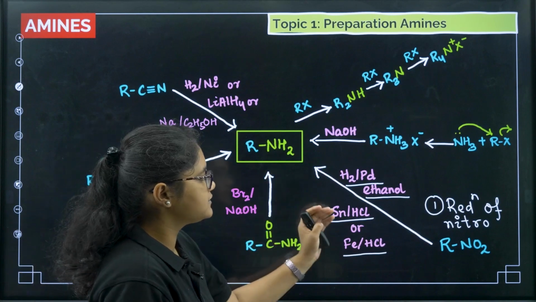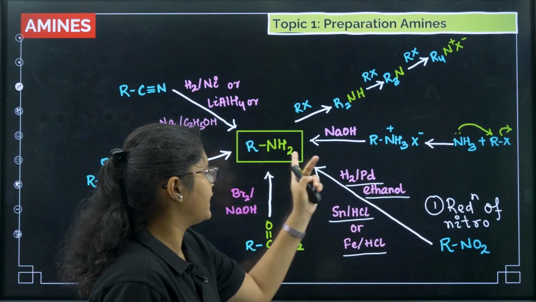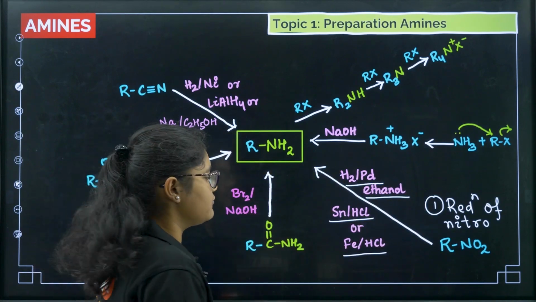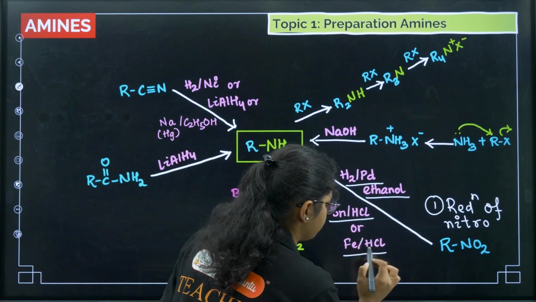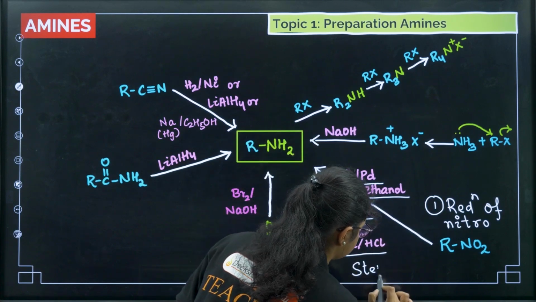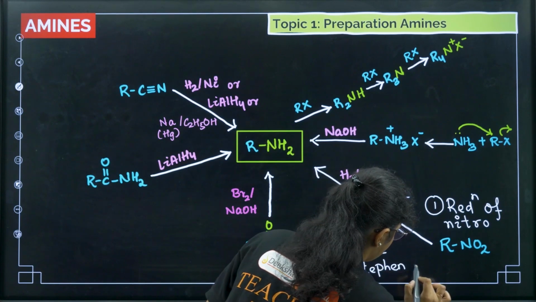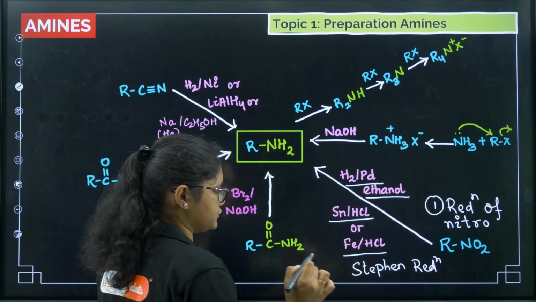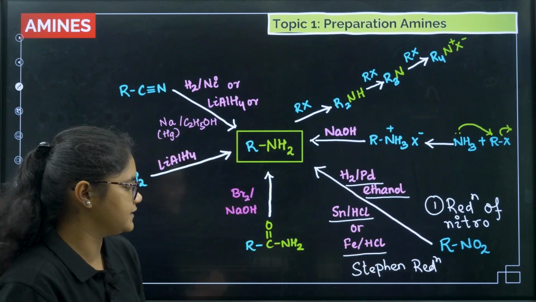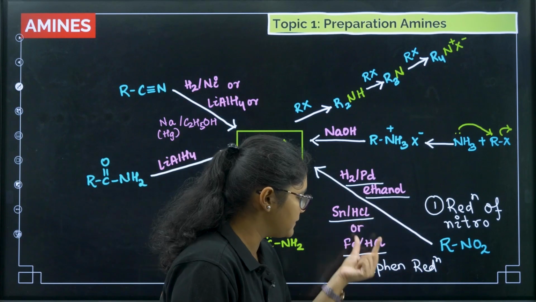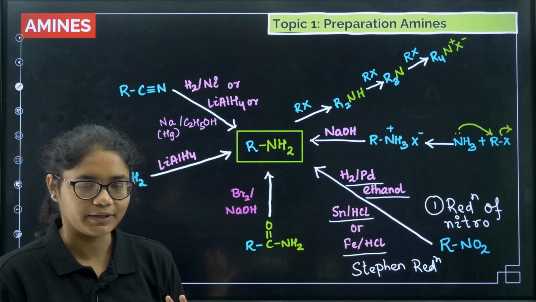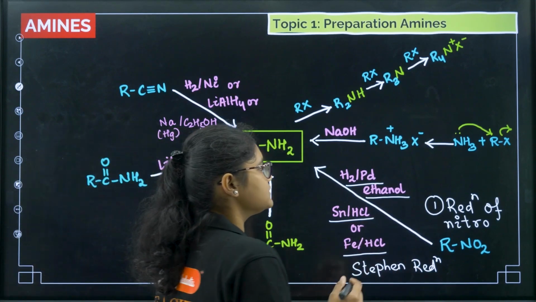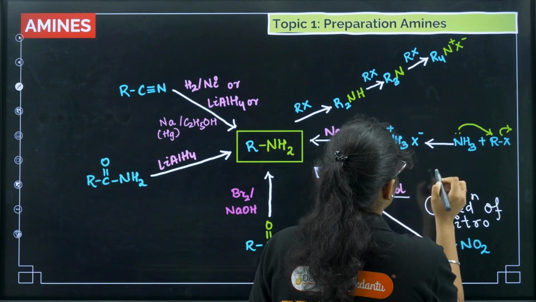The NO2 group will get converted to NH2. Now if you are using Sn/HCl or Fe/HCl, we call it Stephen reduction. This name reaction is Stephen reduction.